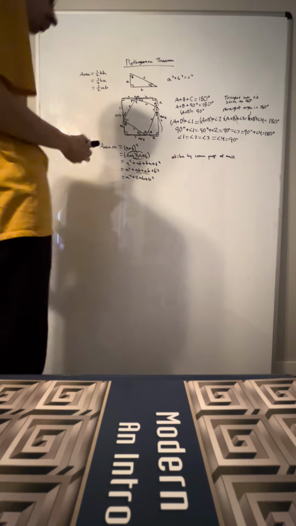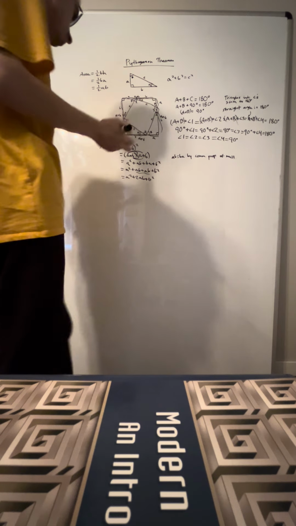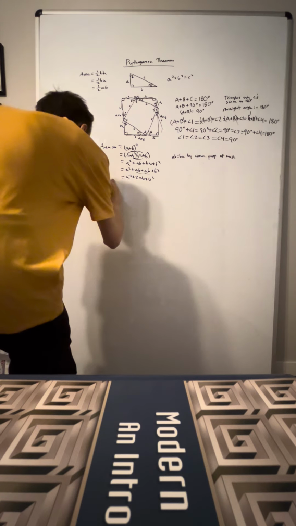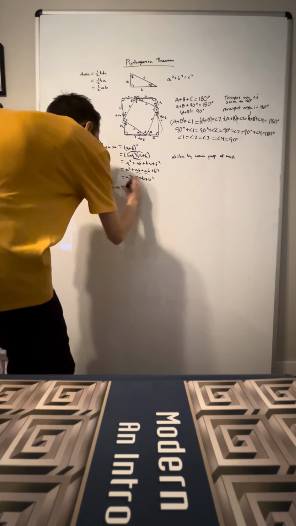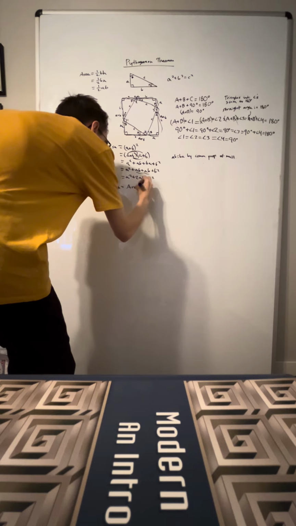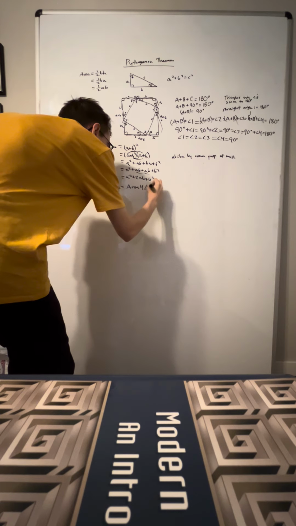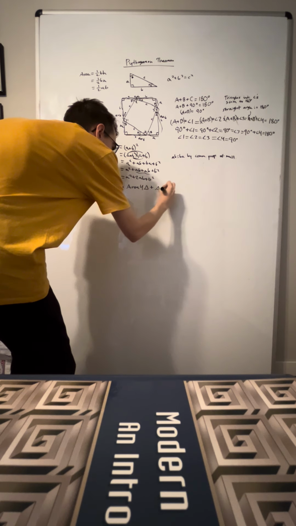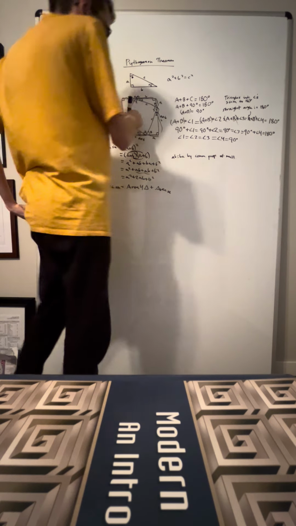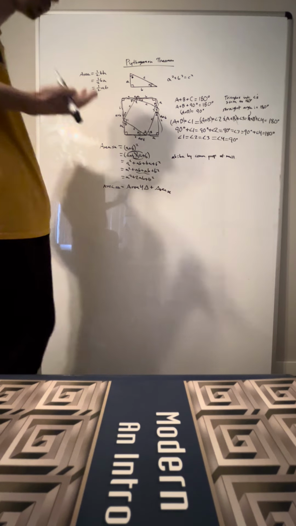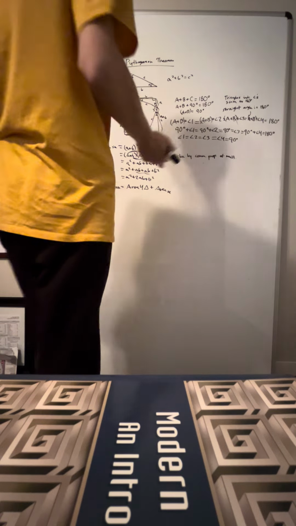So we can also represent this area as area of the big square equals area of the 4 triangles plus area of the small square inside. I'm going to call that lowercase SQ.